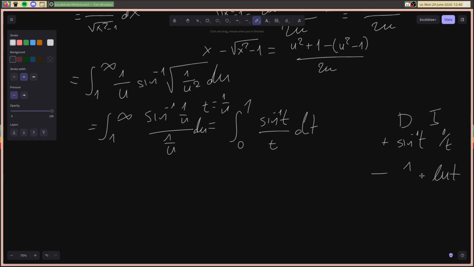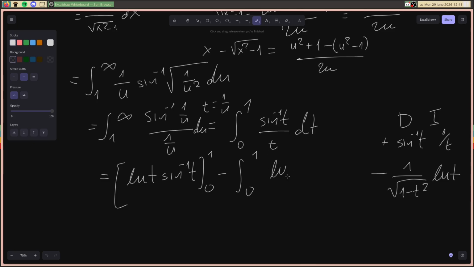And this will give you 1 over square root of 1 minus t squared. So this is ln of t times the inverse sine of t, evaluated from 0 to 1, minus the integral from 0 to 1, ln of t over square root of 1 minus t squared dt.